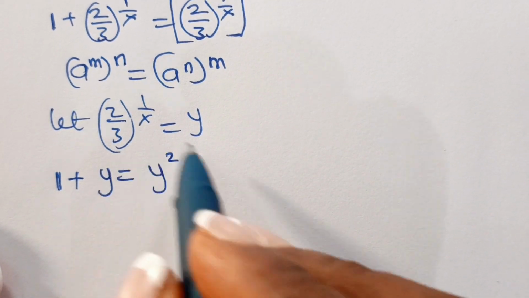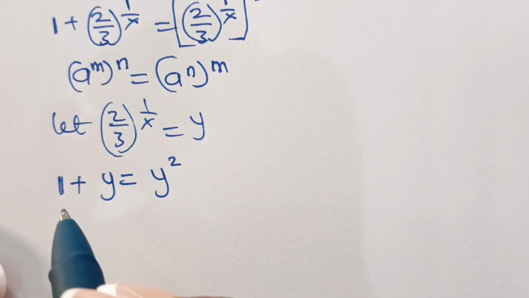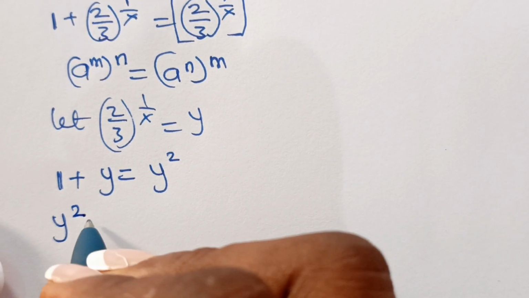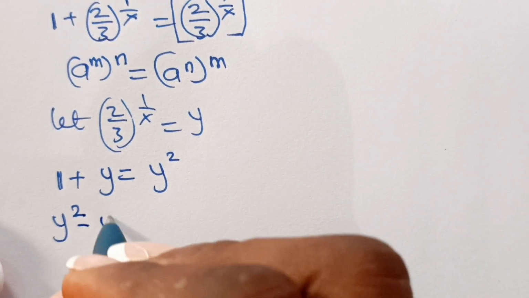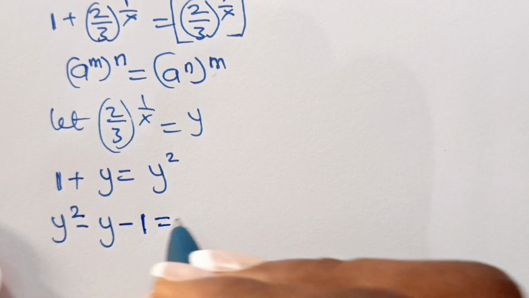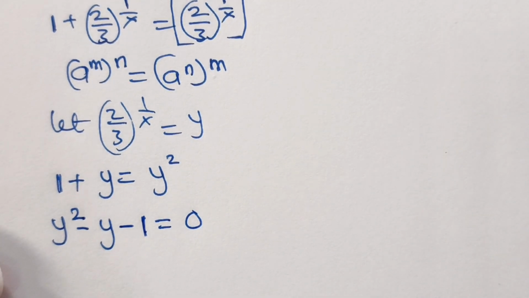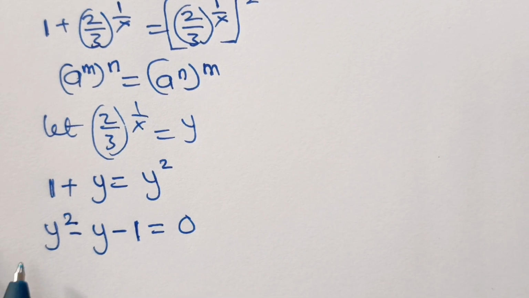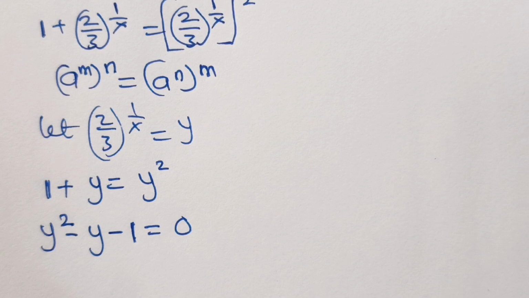So let's transfer this to this side because we just formed a quadratic equation. So we can write this as y squared plus y will cross to become minus y, and plus 1 will cross to become minus 1, is equal to 0. Now, we are going to solve this quadratic equation using the quadratic equation formula.